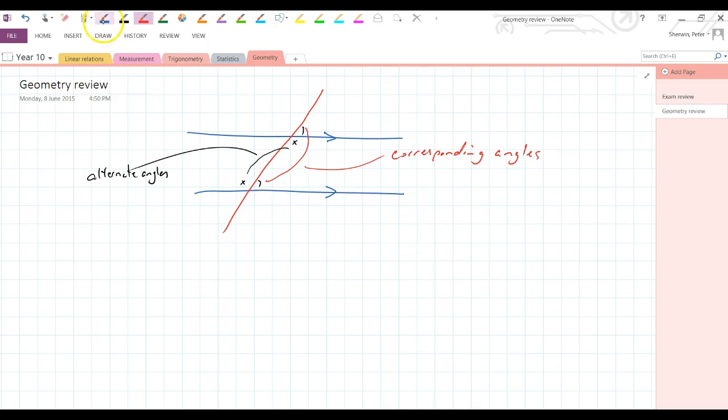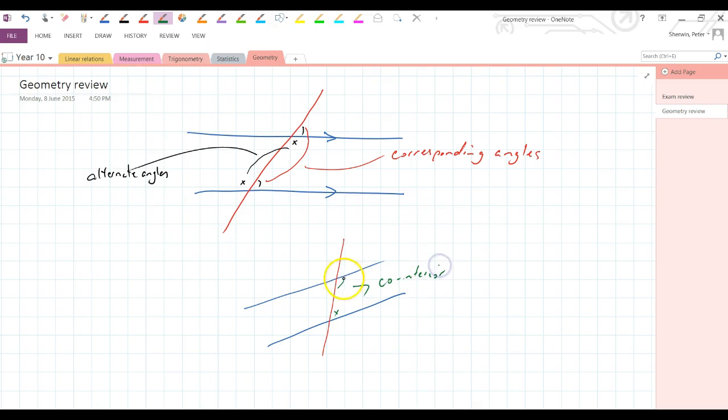I'm going to have to draw another set of parallels here to demonstrate another pair of angles which are not equal, because it's one obtuse and one acute angle. They're called co-interior angles.